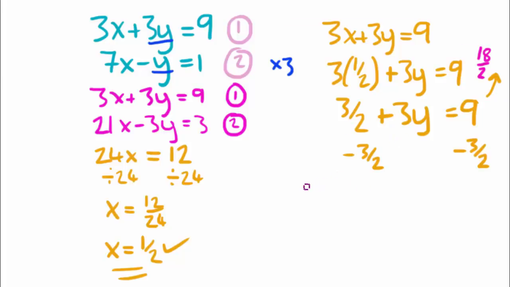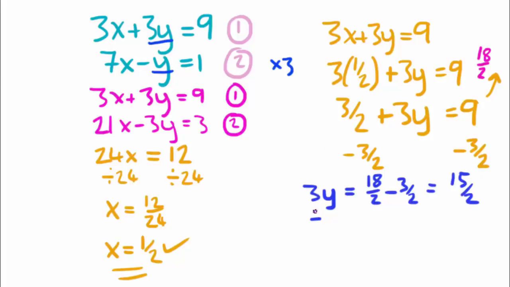So this is a lot trickier than I actually thought. We end up with 3y equals 18 over 2 minus 3 over 2, which equals 15 over 2. So that's 3y equals 15 over 2.